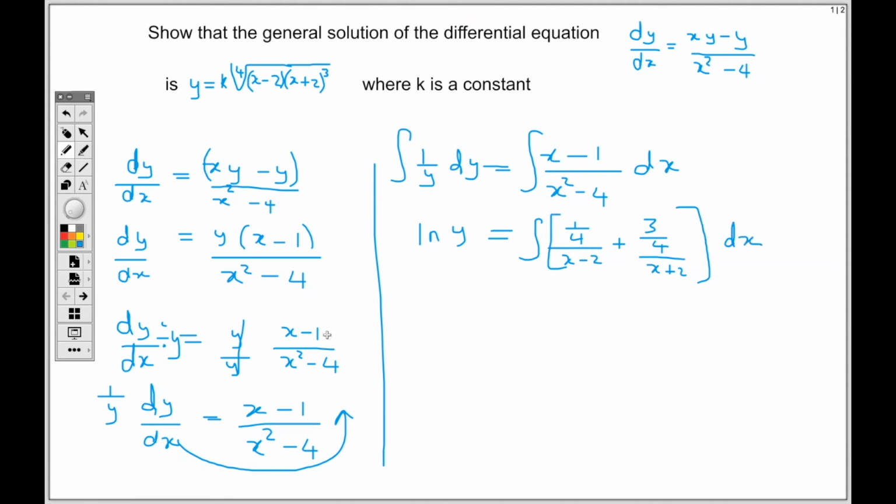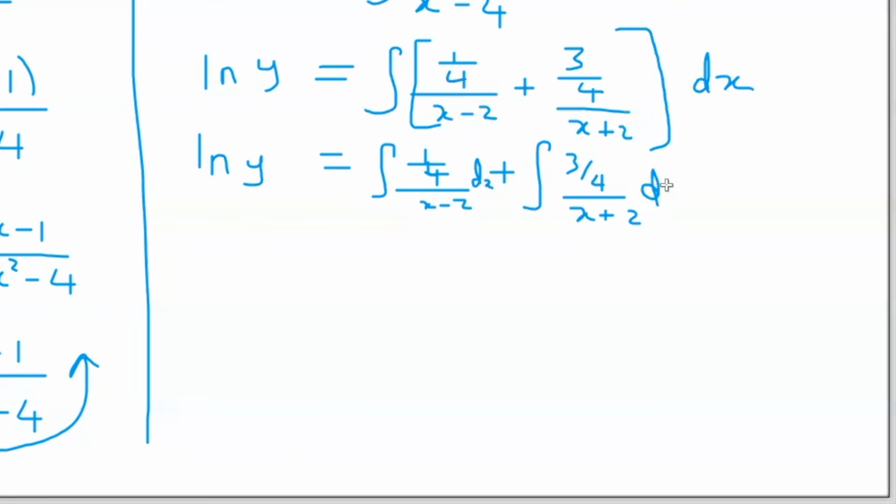So I can just distribute the integral sign. So I will have the integral of a quarter over x minus 2 plus integral of 3/4 over x plus 2, and don't forget my dx. Now I can factor out the fractions.